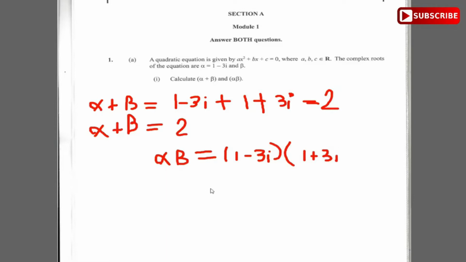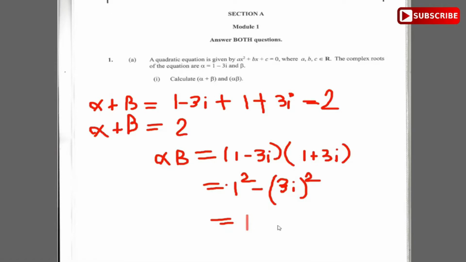So it's going to be 1 squared minus 3i all squared. And 3i all squared is 9i squared, and I squared is minus 1, so it's 1 minus minus 9, so that becomes 10.